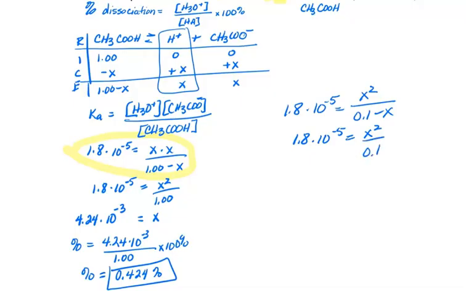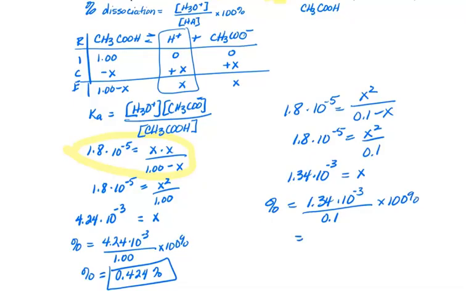Multiply over and square root, and for x I get, double check my numbers, 1.34 times 10 to the negative 3. So our percent dissociation is 1.34 times 10 to the negative 3 over 0.1, times 100%.